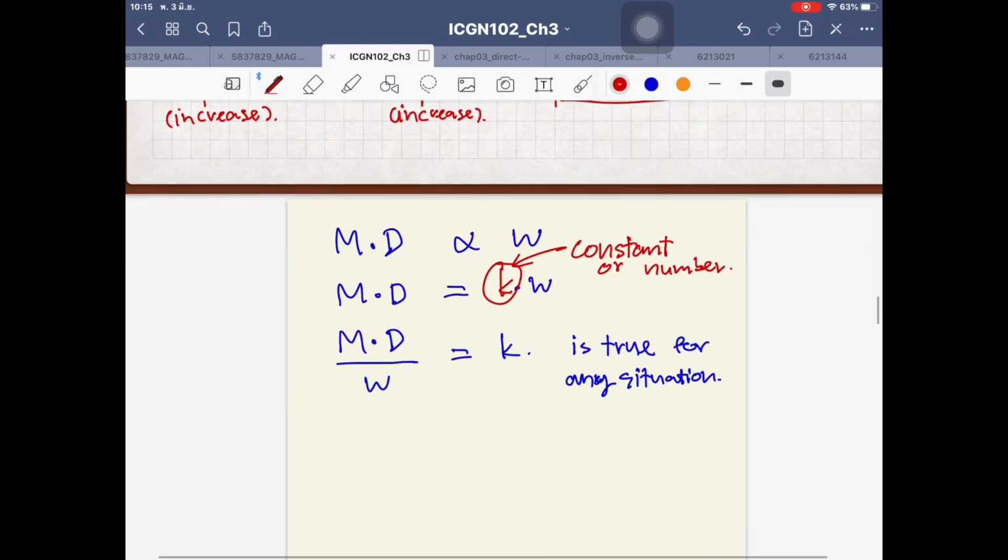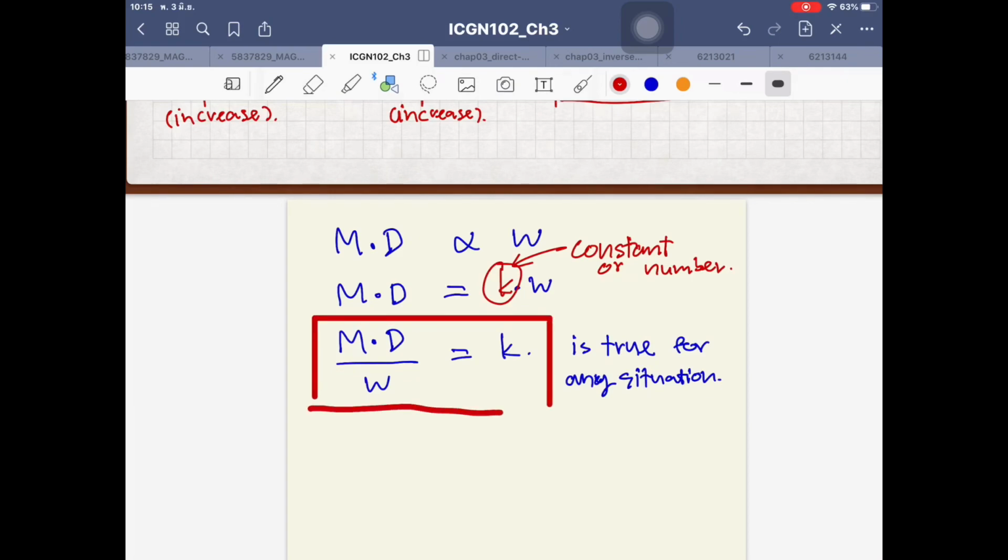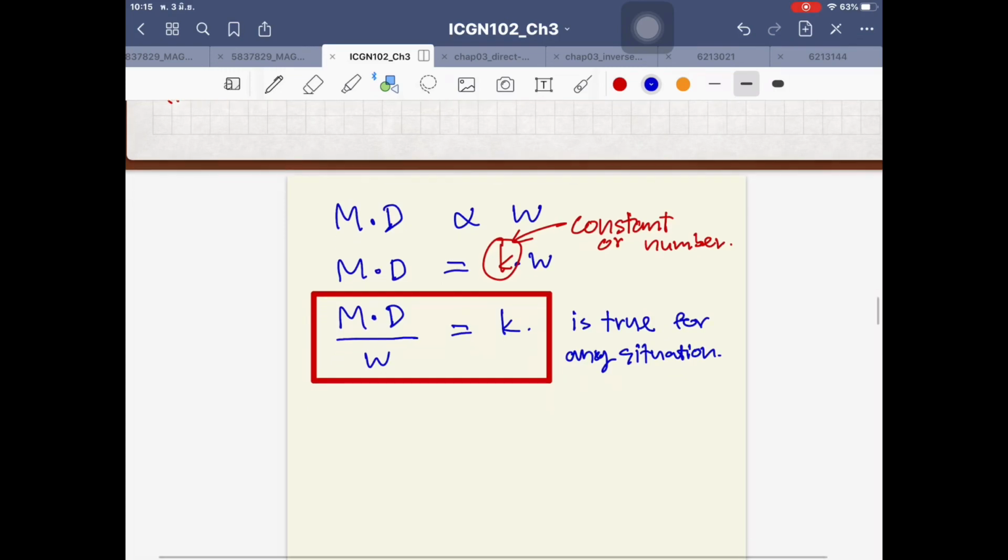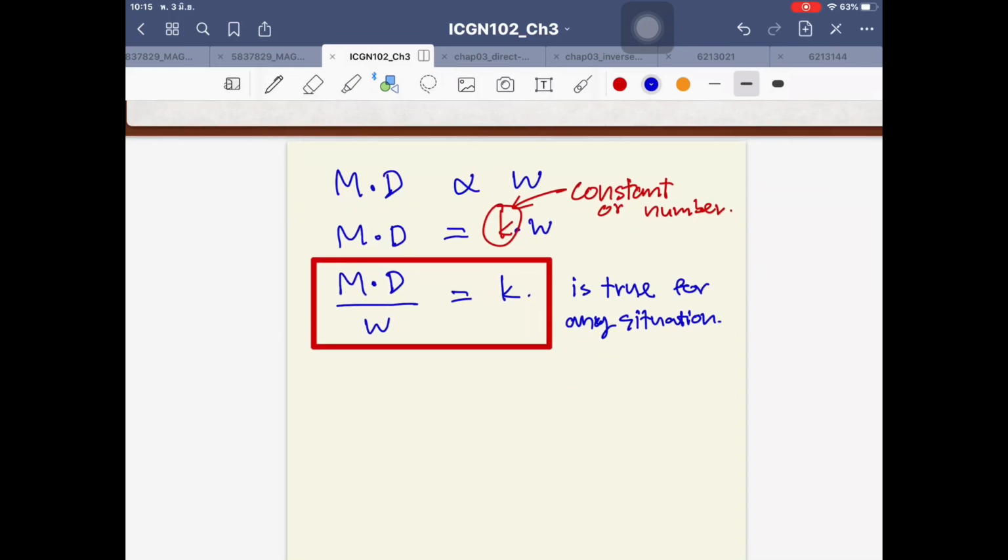And now we have this equation, which is true for any situation. For the first situation, let's use the three terms with the subscript 1. So it's going to be M1 times D1 divided by W1.